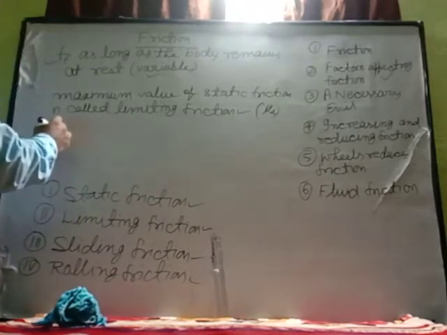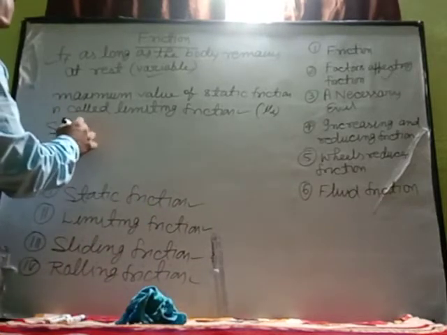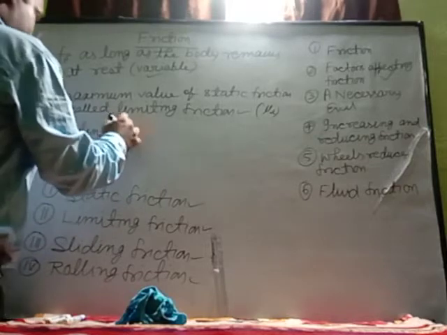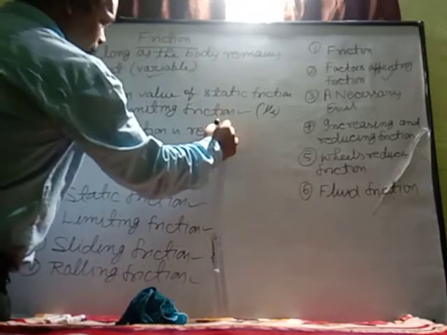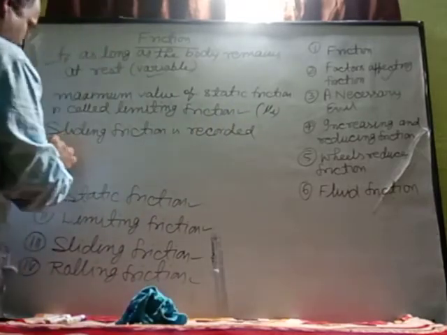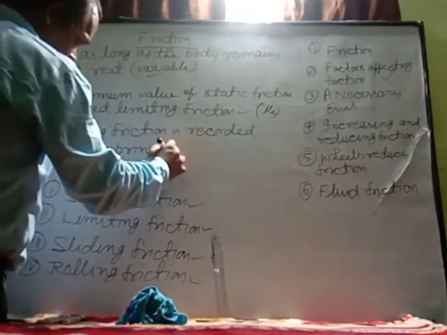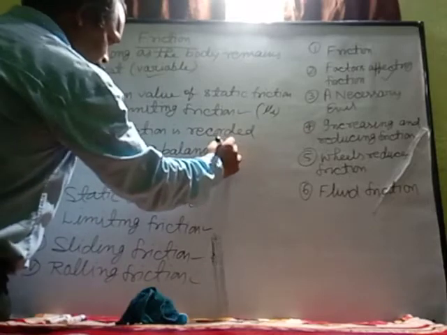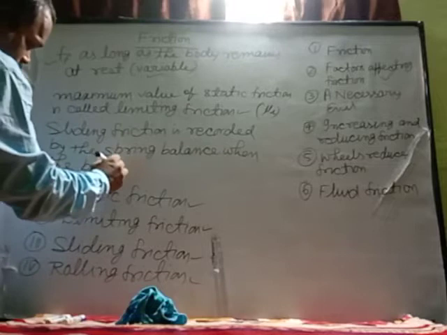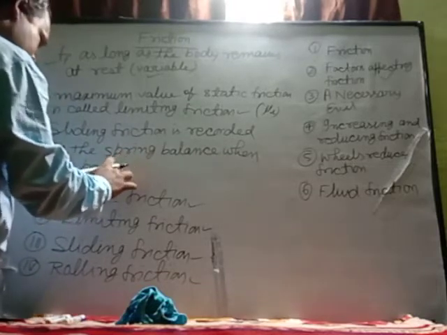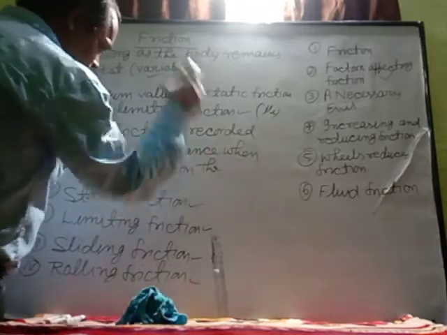Sliding friction is recorded by the spring balance when the body moves on the surface.